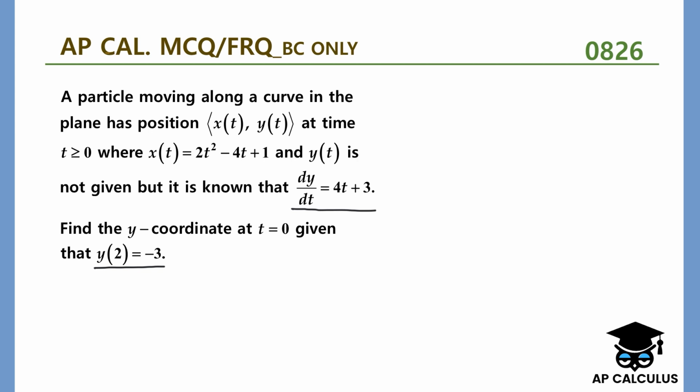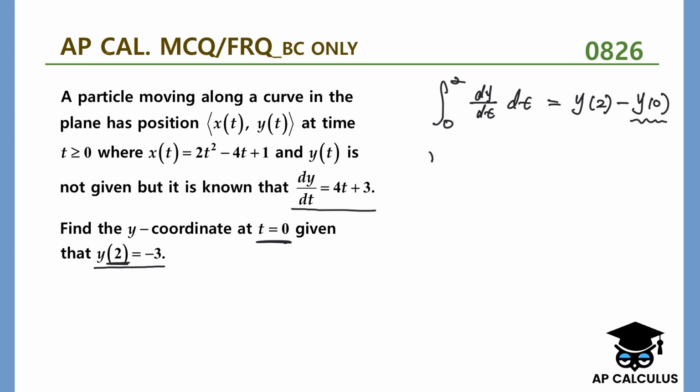So we're going to write the definite integral from 0 to 2 of dy/dt. That is equal to the antiderivative, y. Using the fundamental theorem of calculus, y(2) − y(0), and this position is what we're looking for.